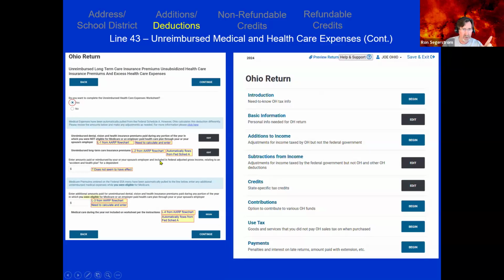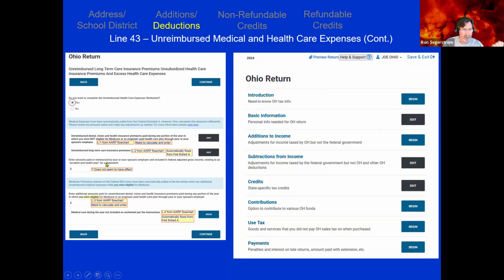The amount from L2 automatically flows from the federal Schedule A. If you put it into the itemized deductions on Schedule A, it'll automatically flow if this little box, the little arrow or dot, is selected.